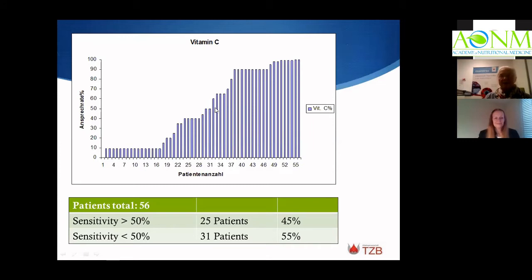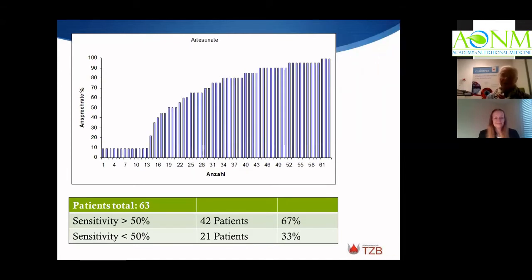And as you can see, there are a lot of patients who respond very well to this vitamin C, but there are also patients who do not or almost not respond to vitamin C. So if we test in advance, we can tell you this patient will respond to vitamin C. And moreover, as I will show later, you can also increase the concentration of the drug.